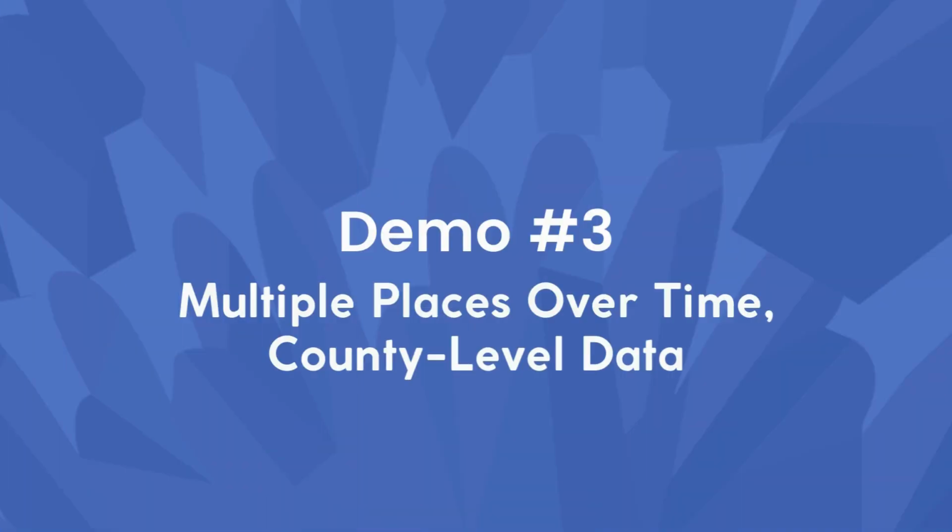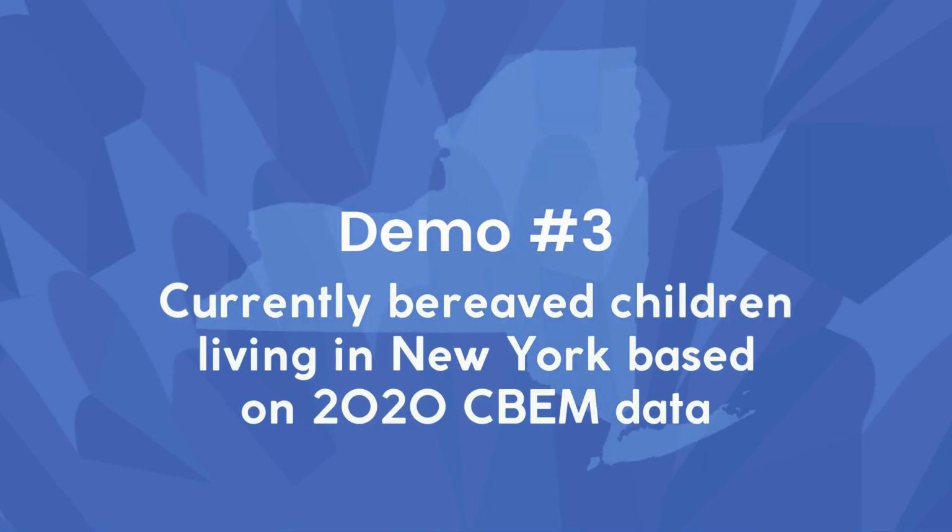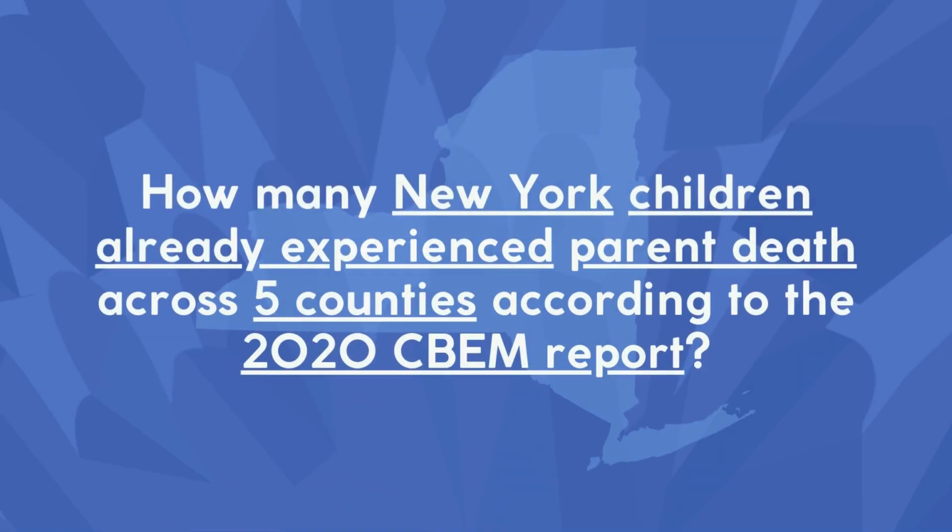To show multiple places over time and also illustrate how to access county-level results, let's walk through a New York State example. Let's say you want to know how many children had already experienced a parent death in 5 specific New York counties, according to the 2020 CBEM release.